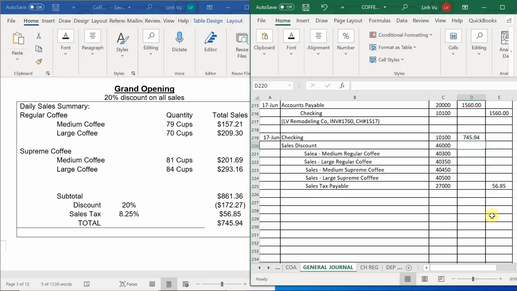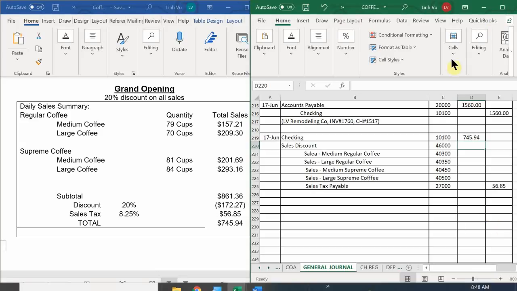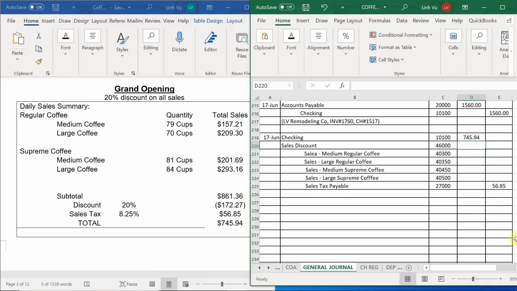Because they're getting a credit for the 20% discount. Okay, good. Because yes, you're getting a credit, right? In this case, you're not charging your customers for the full price. You're giving them a 20% discount. So therefore, it's a contra account to the actual sales account. So in this case, my total amount here is $172.27.